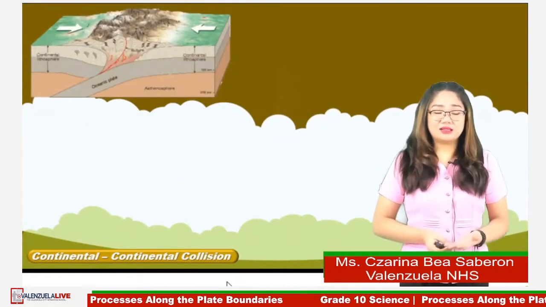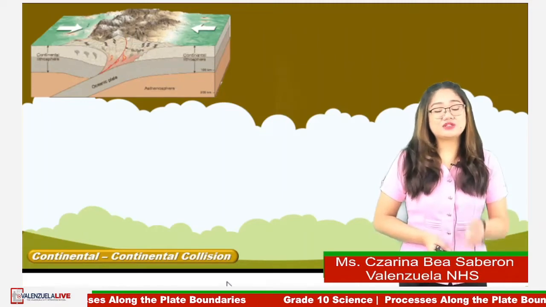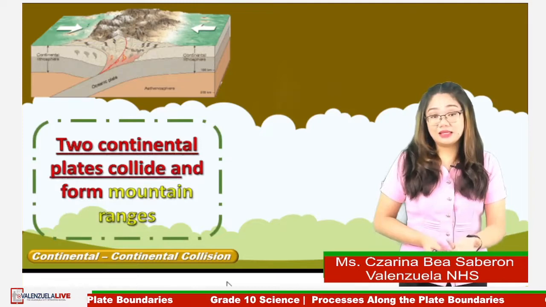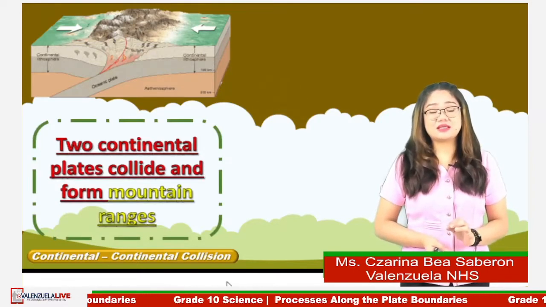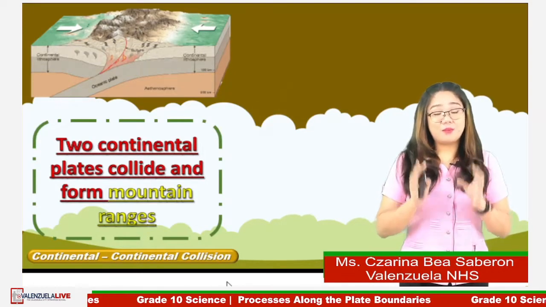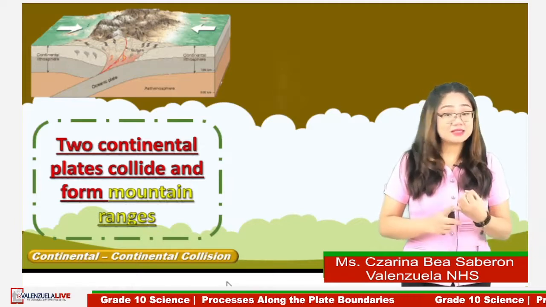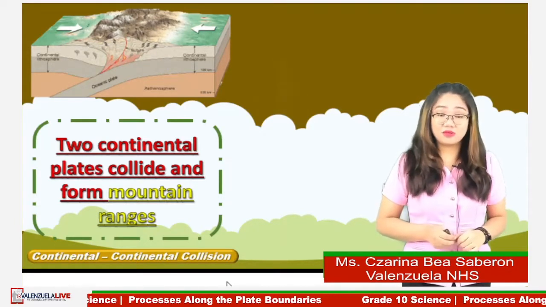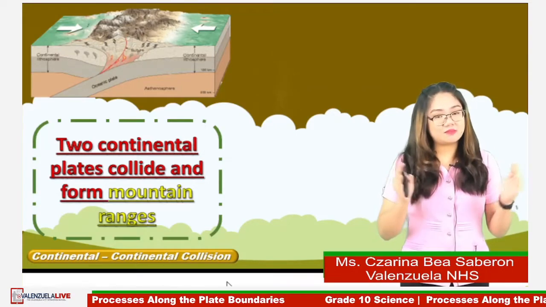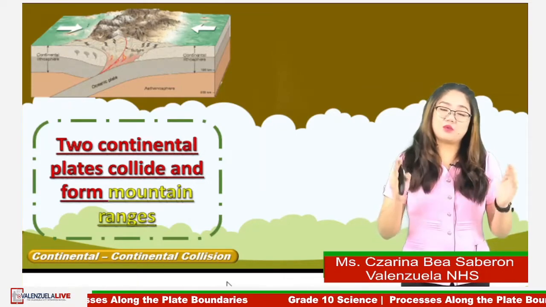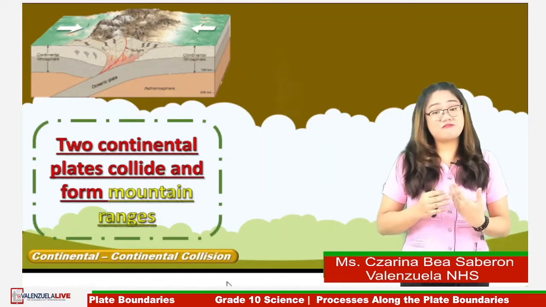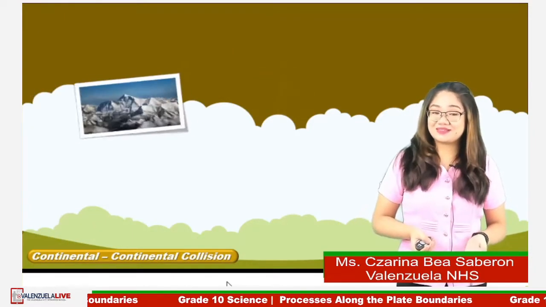Under continental-continental convergence, 2 continental plates are colliding, as the name suggests. Now, since both of them have the same densities, same characteristics, of course, none of them will give up. Instead, they will smash one another and push towards one another upwards, forming mountain ranges.